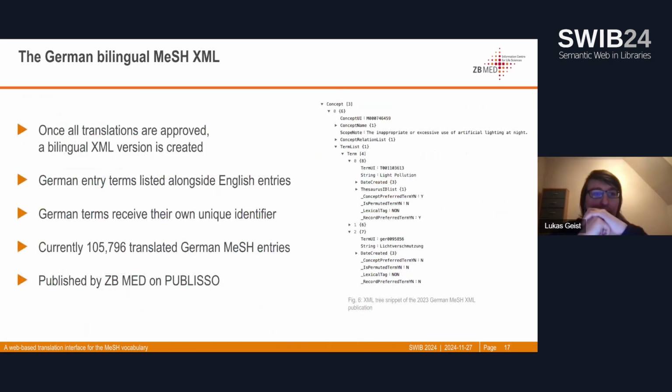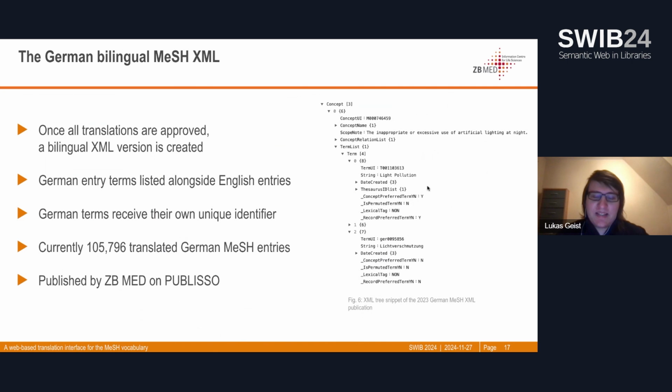After all the translations have been approved, we generate the German MeSH XML, which consists of both the English terms and the German translations. On the right here, you can see an XML tree snippet of last year's publication, in which I've opened up the descriptor light pollution, and you can see on the term list that we have 4 terms in total, and one of them would be the descriptor header, and below that would be the German translations, and they are treated equivalent to the English terms.